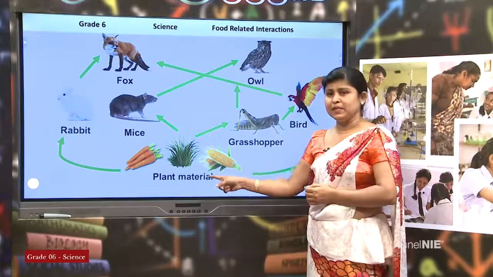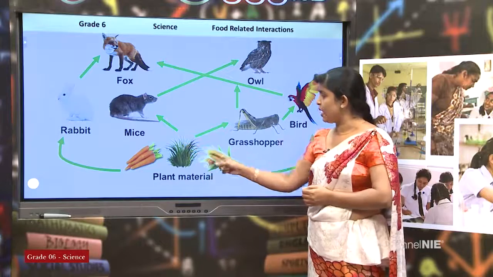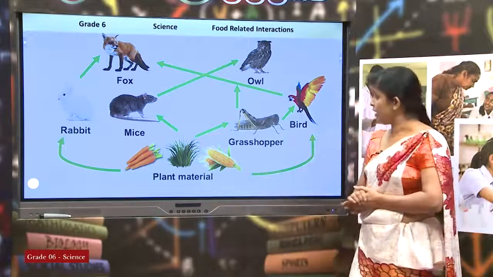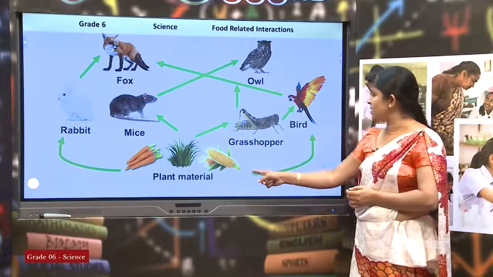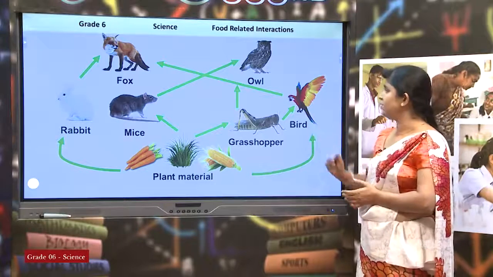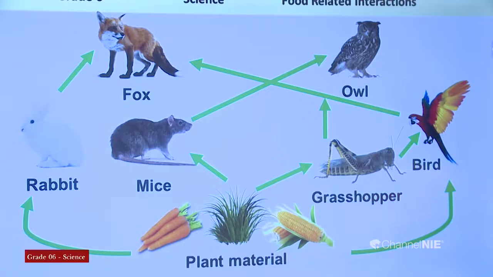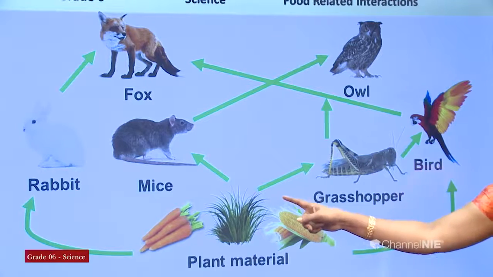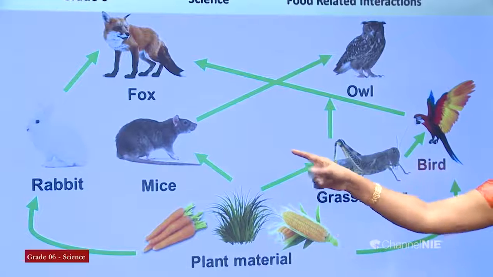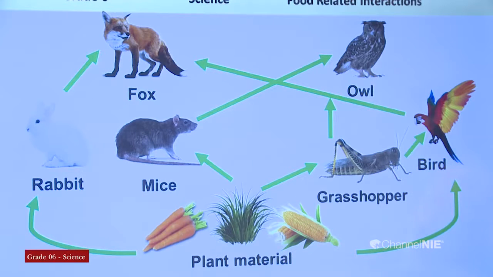Here are the plant materials: carrot, grass and grains. Then the plant materials are consumed by the bird, then the bird is consumed by the fox, right. Then once again there are plant materials, then the rabbit consumes the plant material and the rabbit is consumed by the fox.